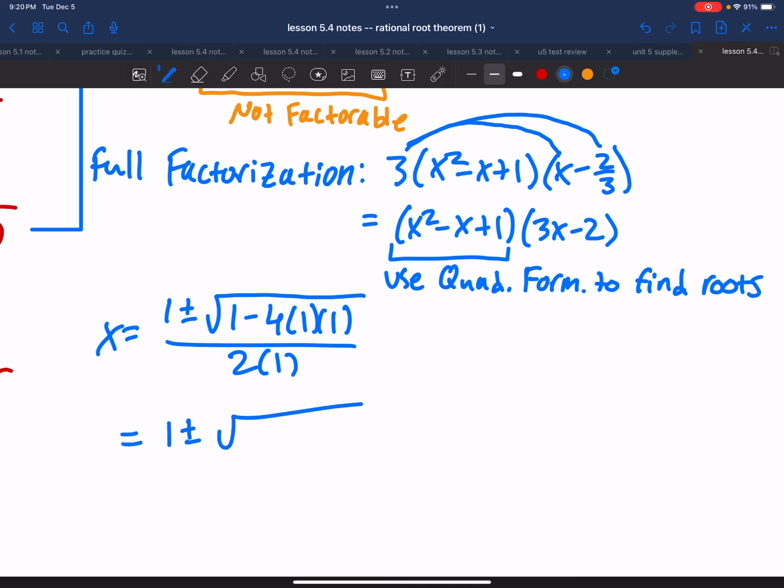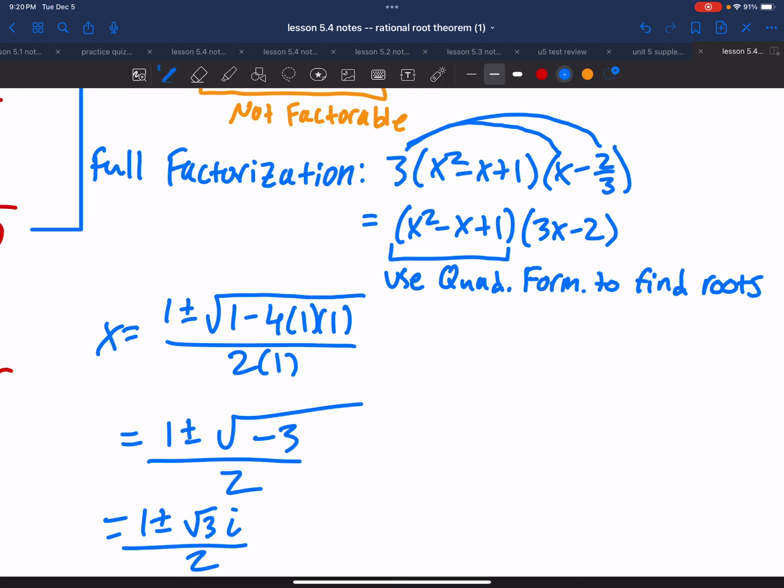That's not this one. 1 minus 4 is negative 3. That's over 2. And we know what the lovely square root of negative 3 is called. It's called 1 plus or minus the square root of 3i. Notice that i is not inside the root. It's the square root of negative, so we call that imaginary, right? And so those are my other two roots.